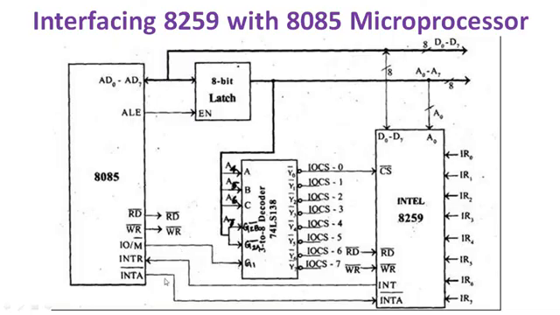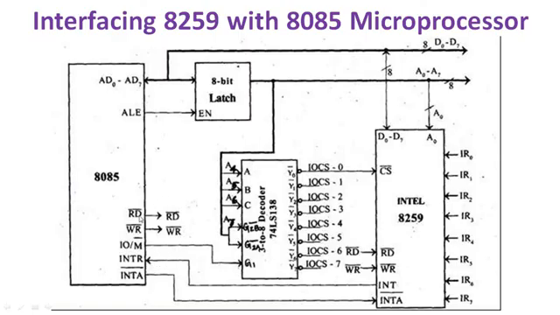Next pins are INTR is connected to INT pin of 8259. So whenever any of these 8 interrupts will be activated, that time the INT pin will go high and it is connected to INTR pin, so that 8085 will come to know that one of these interrupts has been activated, and in response to this interrupt the 8085 will provide the acknowledgement signal to 8259, so that 8259 will come to know that 8085 has received the interrupt signal.